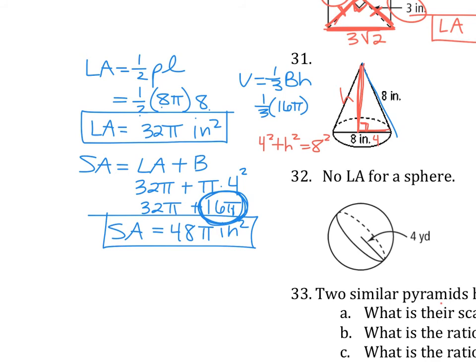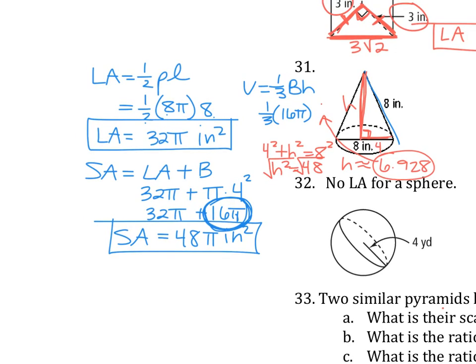And for this one, we're just going to round. I will give you numbers that work out a little nicer, but for the sake of this, we're just going to round. So h squared equals 48. Take the square root. H comes out to approximately 6.928, we'll say. Okay, so if you plug that in up here for your height, 6.928, this will give you your volume.